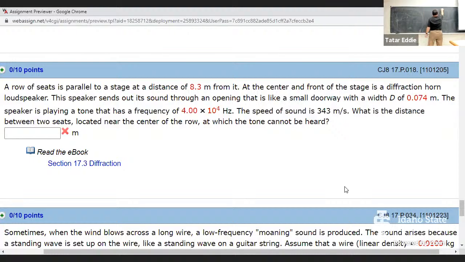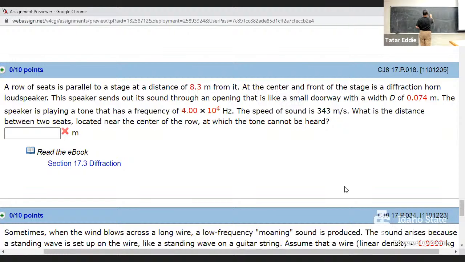Here is the stage, here is the row of seats, and here at the stage you have a speaker with a rectangular opening, a diffraction speaker. They say that the width of this rectangular opening is given. The width is D from here to here.